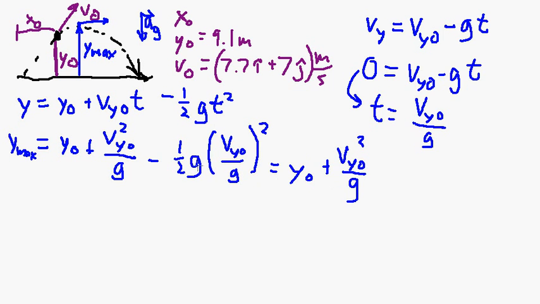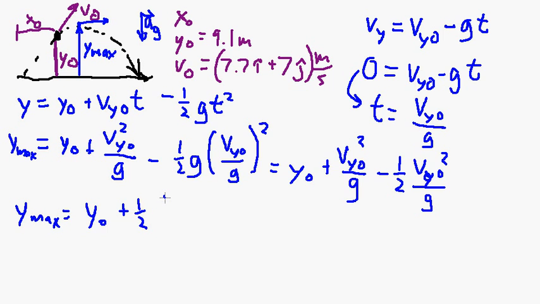So this becomes minus 1/2 vy naught squared over g. This here is the same as this, so you're subtracting 1/2. So what this really means is that y max equals y naught plus 1/2 vy naught squared over g, and that's going to be our final answer.